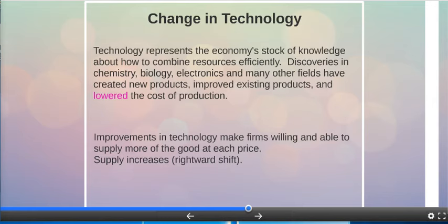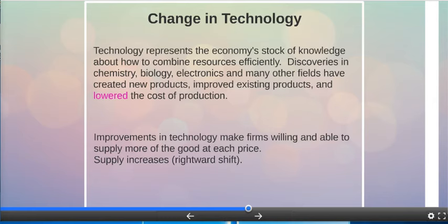Technological change, in this case faster computers, lowers the cost of producing goods that involve computers, from automobile manufacturing to document processing. So along a given market supply curve, technological know-how is assumed to be unchanged. If better technology is discovered, the cost of production falls, making this market more profitable.